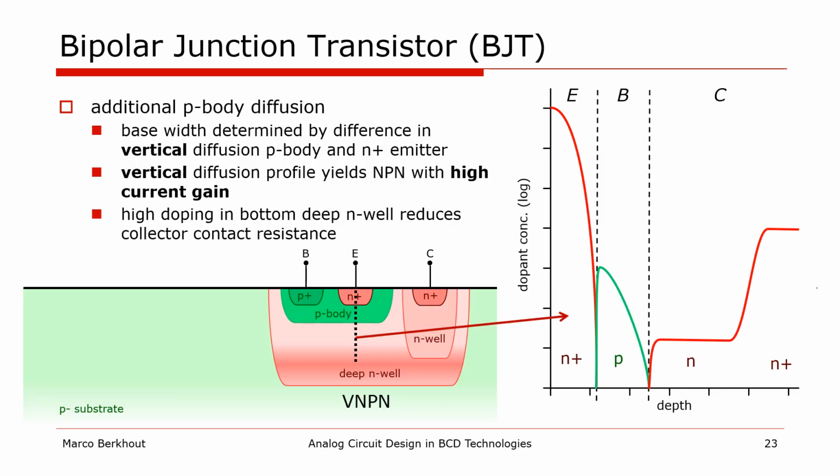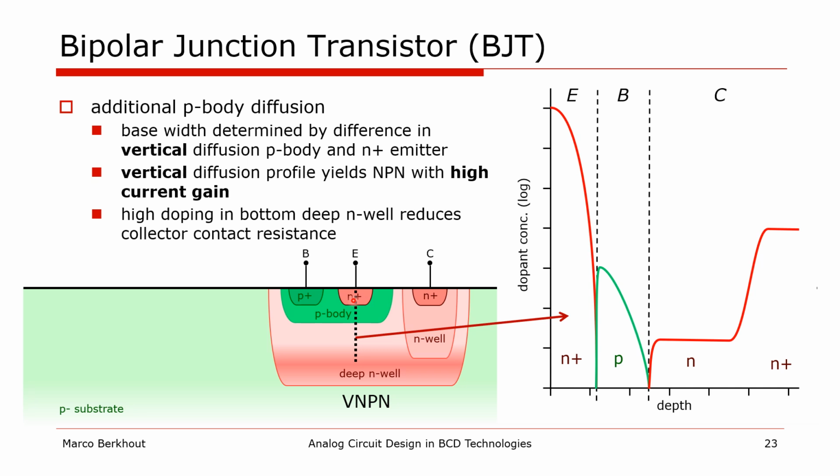In process technology, the bipolar transistor is realized vertically by adding a p-body diffusion to the diffusions we already know from CMOS. This p-body diffusion forms the base of the transistor, and the width of the base region is now determined by the difference in vertical diffusion between the p-body and the n+ diffusion that forms the emitter.